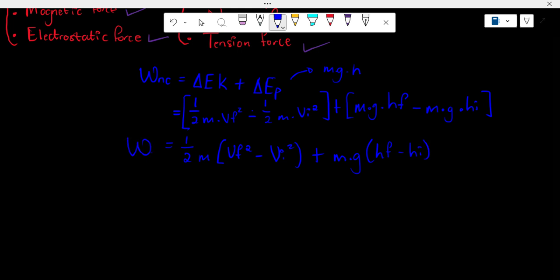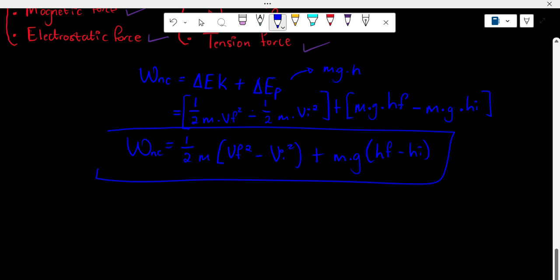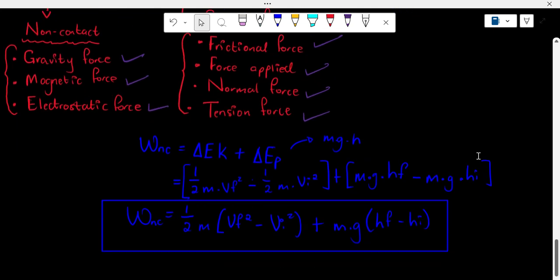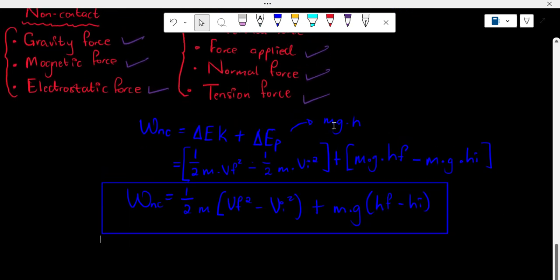And this, ladies and gentlemen, is your equation for the work done by a non-conservative force. Remember your non-conservative forces, guys. These are your contact forces, either your friction, your applied force, your normal force or your tension force, right? So this is very important to remember. Do not forget this, guys.